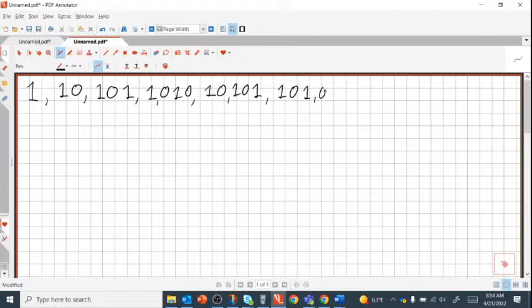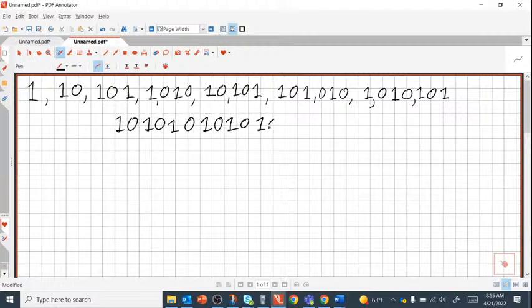101010 is not prime. 1010101 is also not prime. It turns out, guys, the reason that one's not prime is a little bit tricky, but someone has actually proved that no matter what you do, if you see a number like this, you can be like, that's not prime.